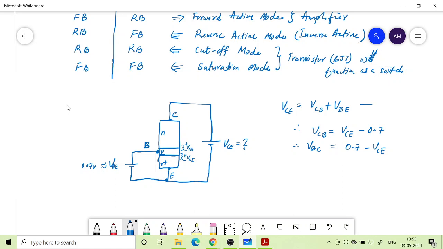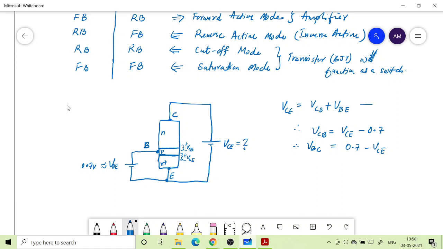So VBE plus VCB is equal to the total voltage VCE. Now the question is how much should my VCE be so that I ensure VBC is a reverse voltage.